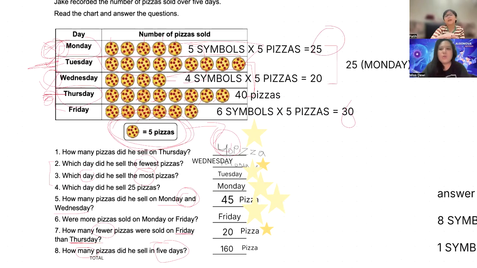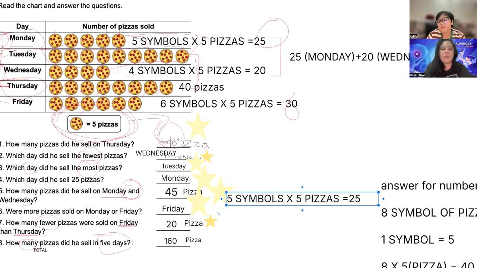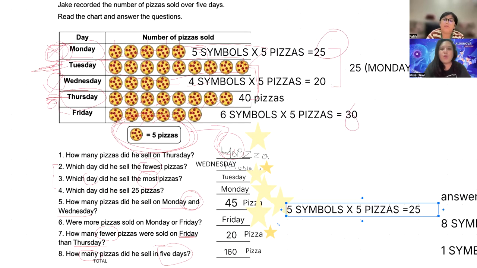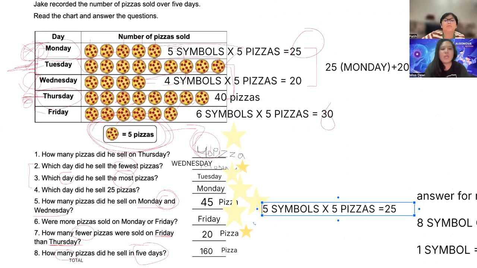Total. You add them all. You use addition, okay? So you have 25 here. Okay, you have 25 plus. You have, okay, Tuesday, we don't know yet. 1, 2, 3, 4, 5, 6, 7, 8, 9.